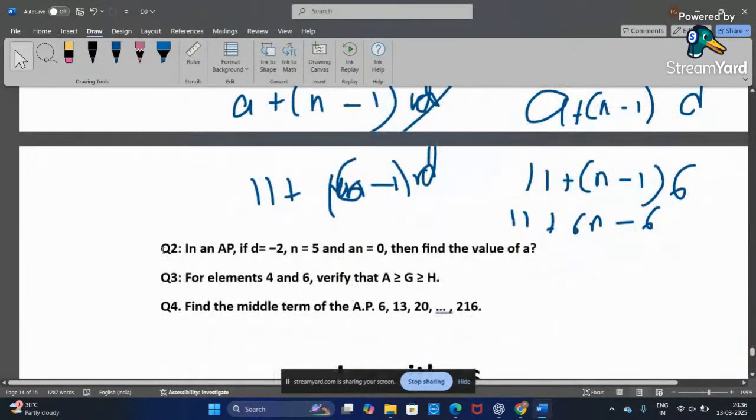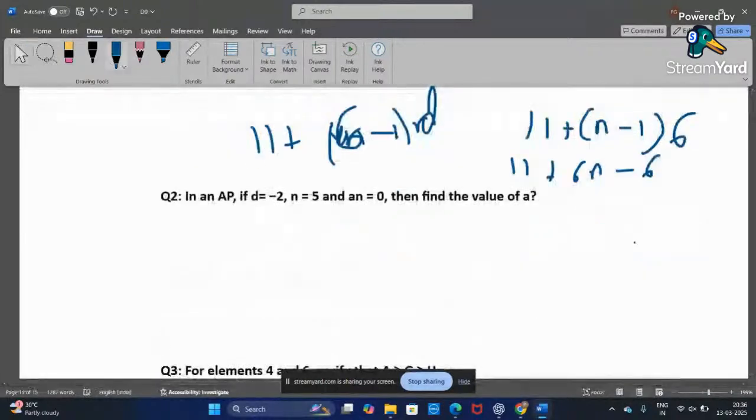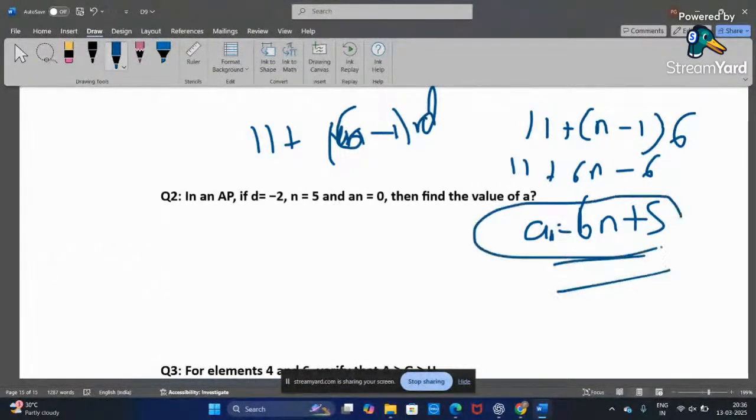This is how we need to solve this type of questions. Then 6n, and you subtract 11 minus 6, right? So it is 6n plus 5. This is your an value, so this is your nth term value.